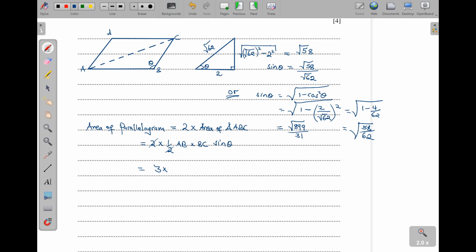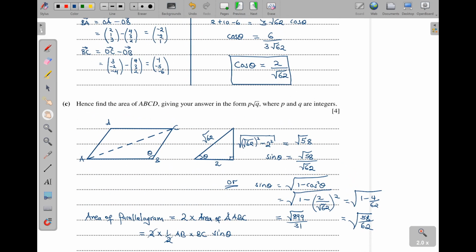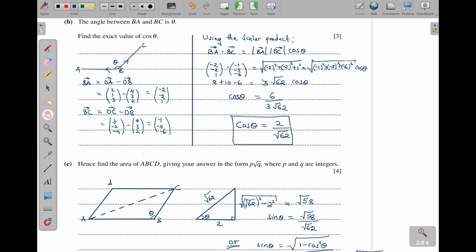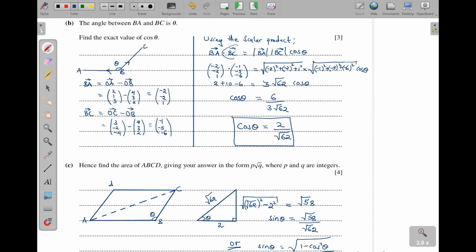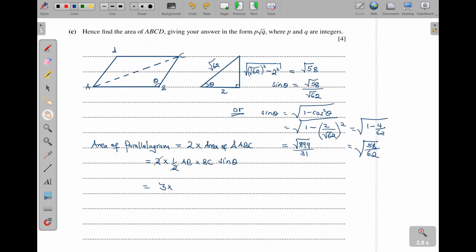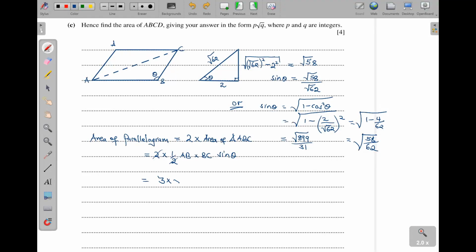Then BC, we got it here. The length is this second one, which is root of 62. So I'll multiply by root of 62, then sine of theta, which is root of 58 divided by root of 62.